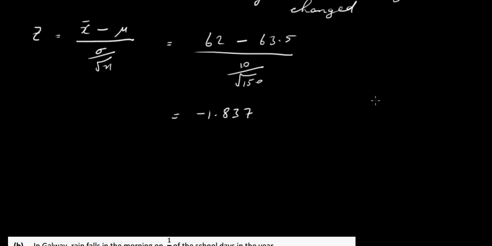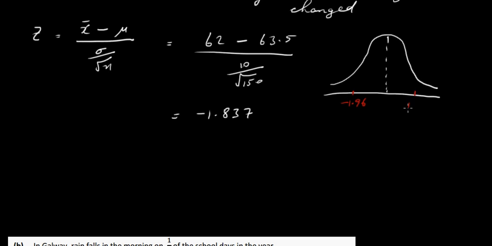Now, if we look at that Z value on our standard normal curve, we have minus 1.96 and plus 1.96. The regions beyond those points are called the critical regions.